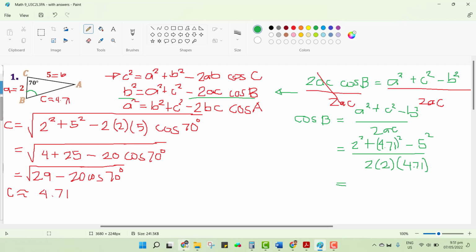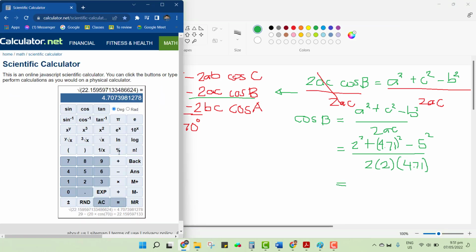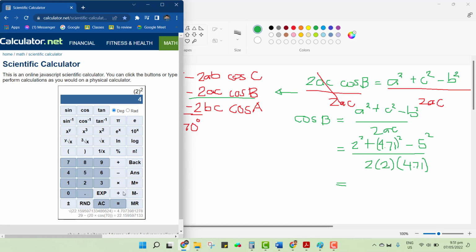You could use the calculator as well if you would like to. So we have parentheses 2 squared plus approximately 4.71 squared less 5 squared.